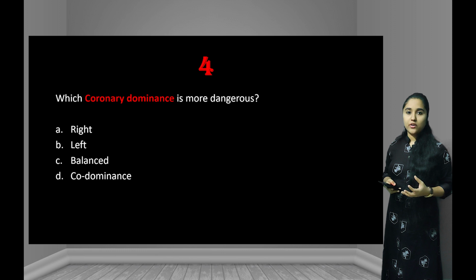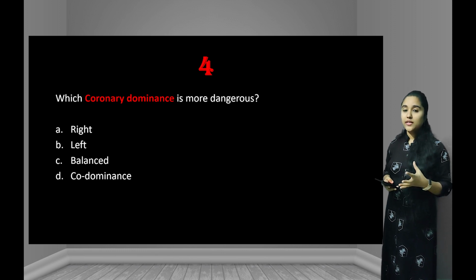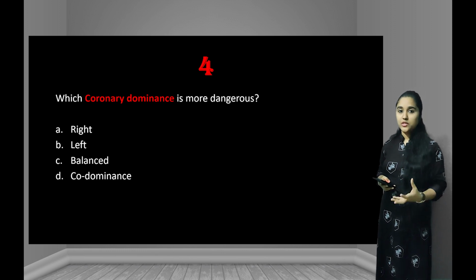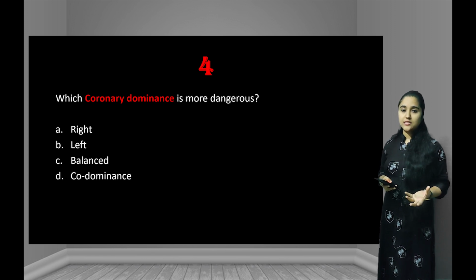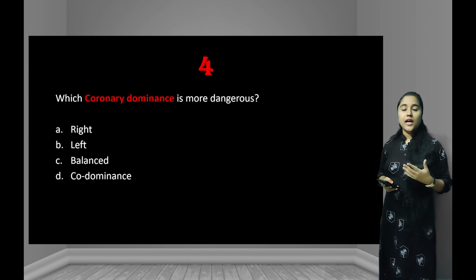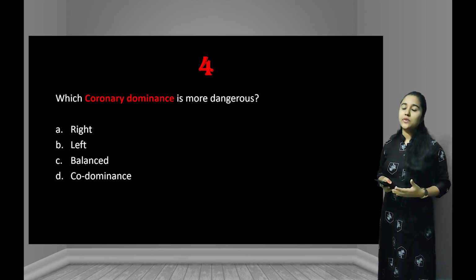So what is the effect of left coronary dominance? In case of left coronary dominance, since the posterior interventricular artery is a branch of left coronary artery, the left coronary artery has to supply the bulky myocardium of the left ventricle and also the major parts of the conducting system of heart, and also the whole interventricular septum.